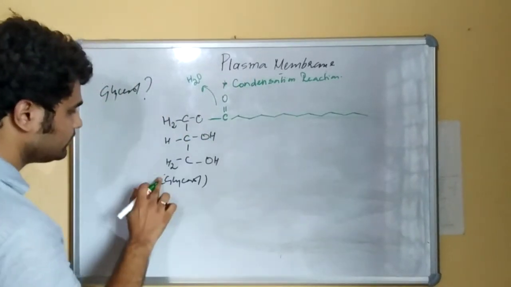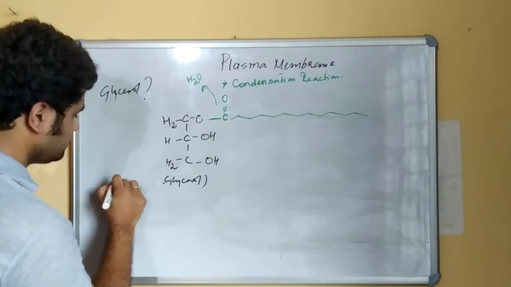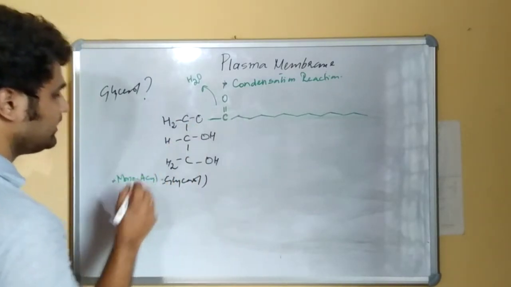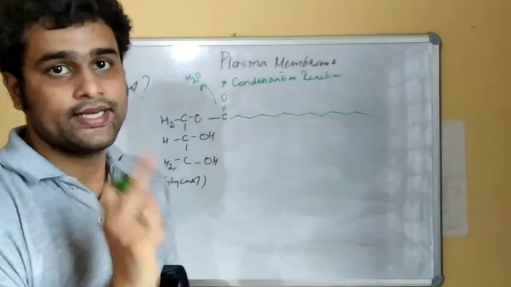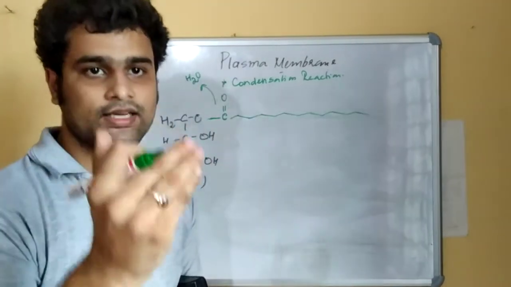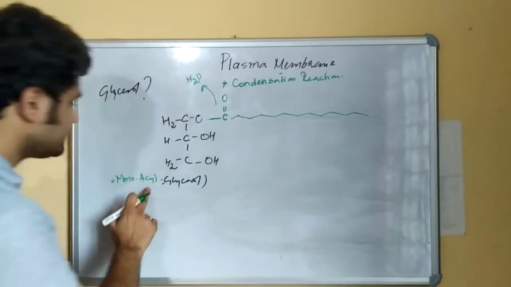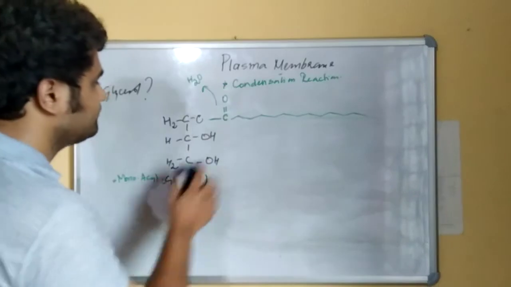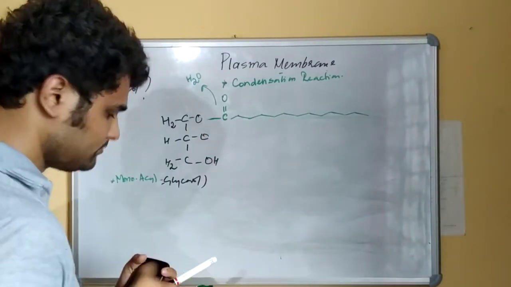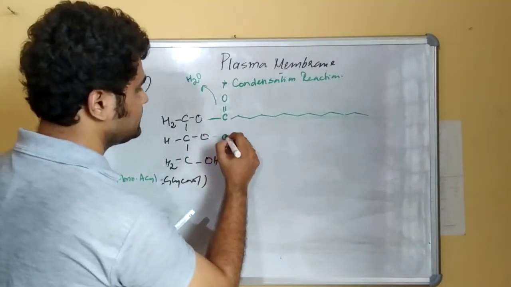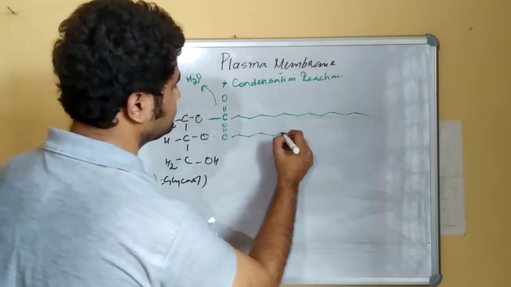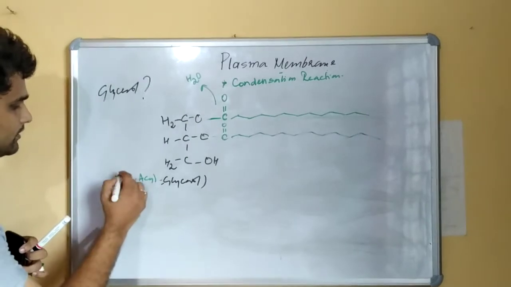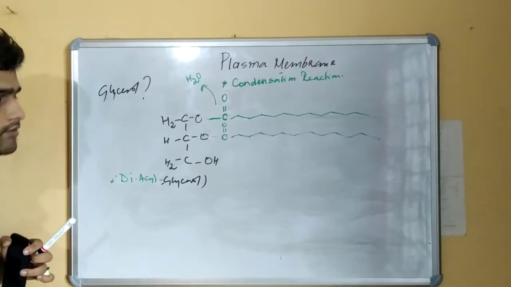So this molecule will become mono, because it's one. Acyl means one fatty acid. So monoacyl means one fatty acid on glycerol: monoacyl glycerol. Now, if I add another fatty acid here, this will be diacyl glycerol.